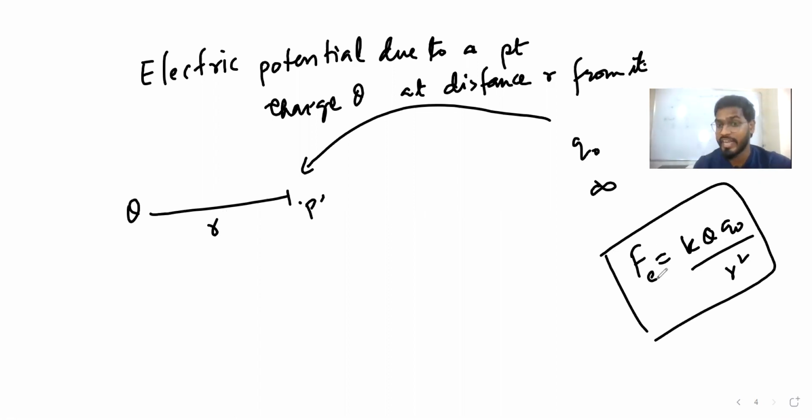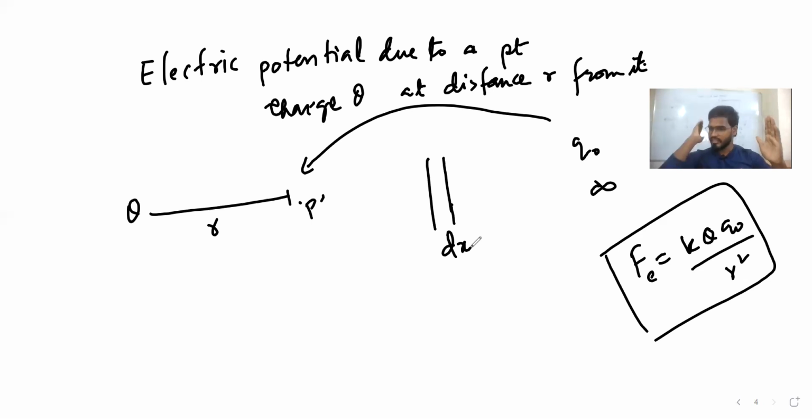One thing again, whenever you bring a charge from anywhere here, the kinetic energy is going to be constant. It means velocity should not change anywhere between infinity and point P. There is no change in velocity. We don't know how much force there is, so let's take a small element here, dx. At this particular point, we'll find potential. We'll integrate from r to infinity, we'll get the answer.